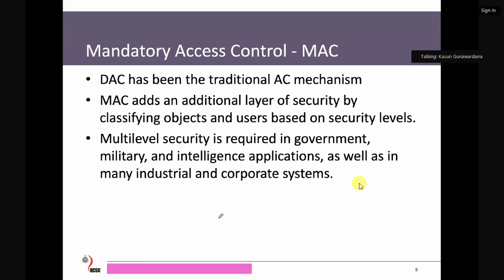Mandatory access control adds an additional layer of security. We are not going to totally avoid discretionary access control, but we will be adding mandatory access control as an extra layer of protection by classifying objects and users based on security levels.